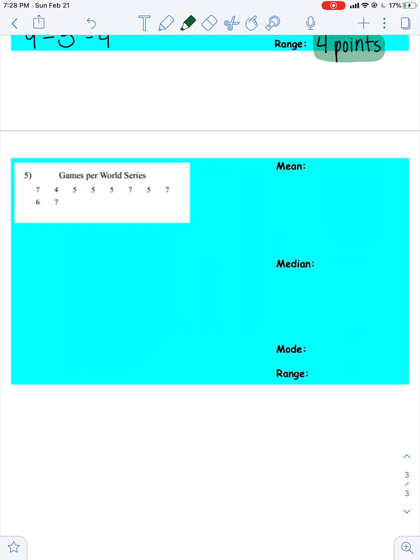And then we've got one more. It's the games per World Series. And we are going to do the same thing. We're going to find the mean, median, mode, and range.